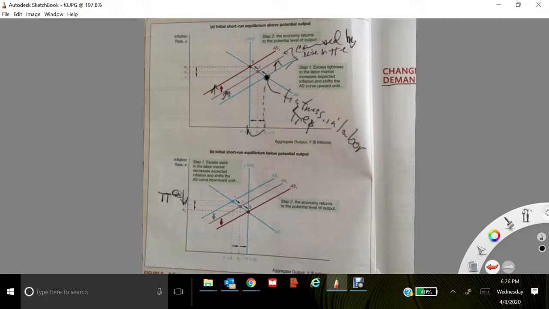Still, what's happening here at this point is the increase in inflation. We know that on the demand side, that's going to result in the Federal Reserve raising real interest rates.